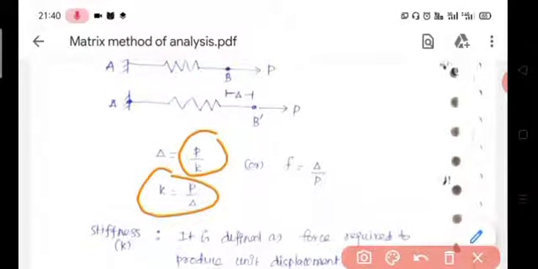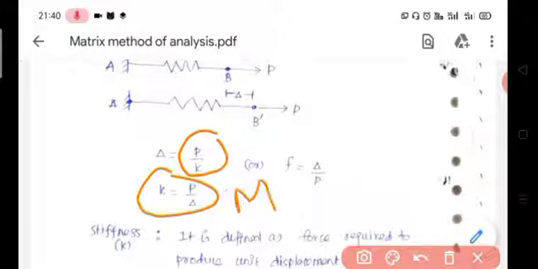Then the flexibility of the spring is F is equal to delta by P. I already said the stiffness and flexibility are inversely proportional. So F is equal to delta by P.